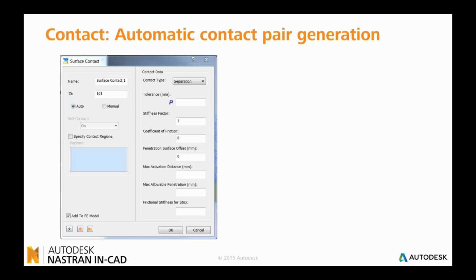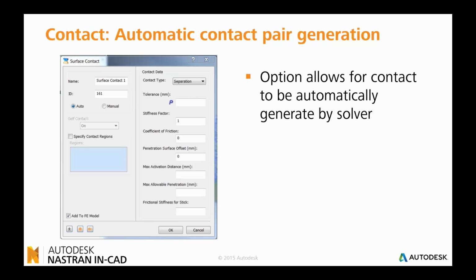If we look at contact pair generation, we can define this, like we said, automatically, but then there's also a manual process. So we can go in here and redefine specific parameters associated with the automatic detection of contact pairs. It allows for contact pairs to be automatically detected and generated using the solver, so there's no need to manually go through and process this.